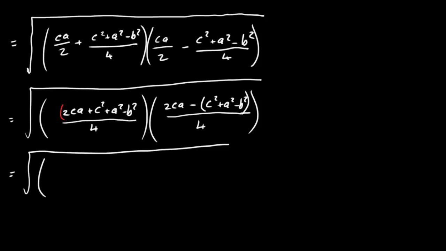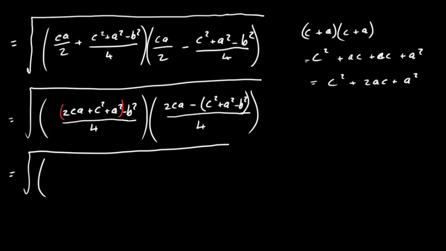Now, if we take these three terms here, you can probably see that that's simply C plus A all squared, or just C plus A times C plus A. If you multiply that out, you'll get C squared plus AC plus AC plus A squared. So that'll just give you C squared plus 2AC plus A squared.